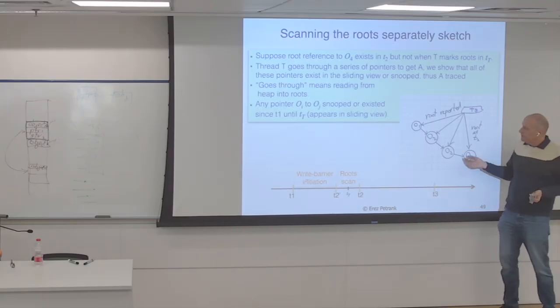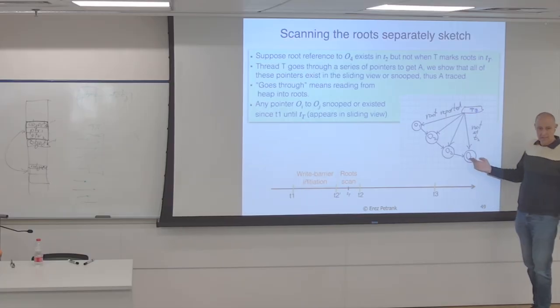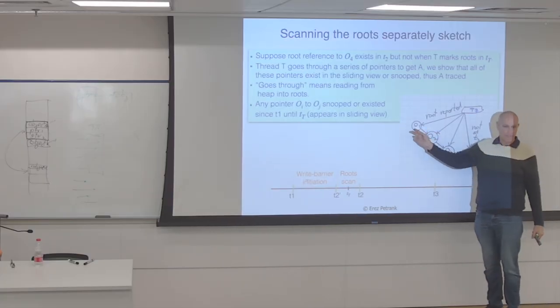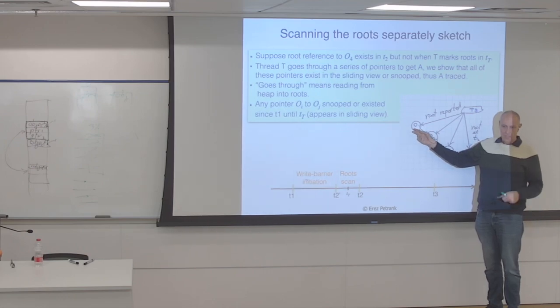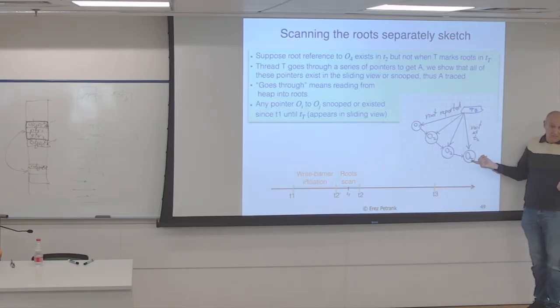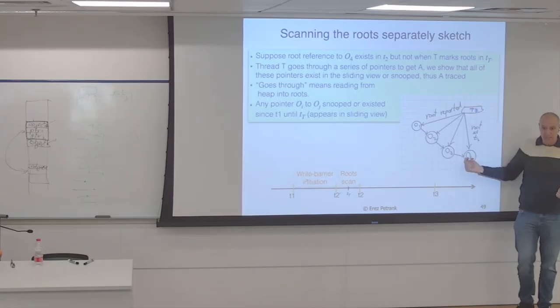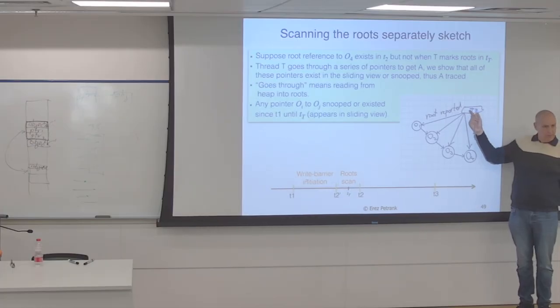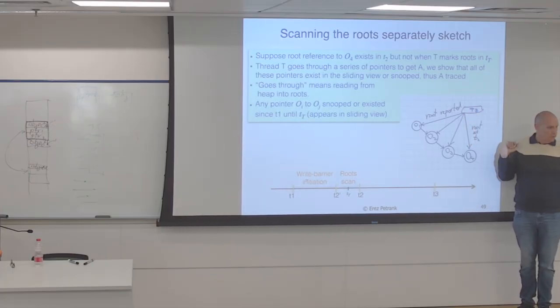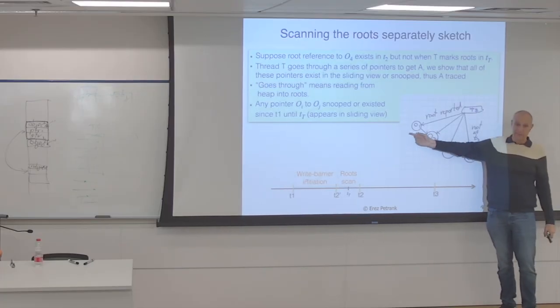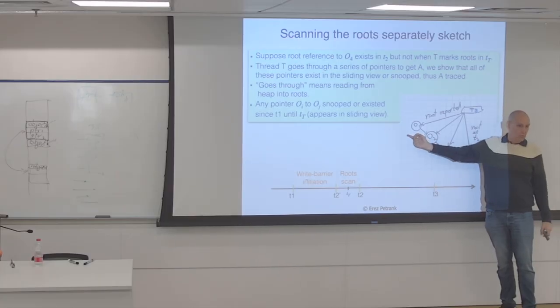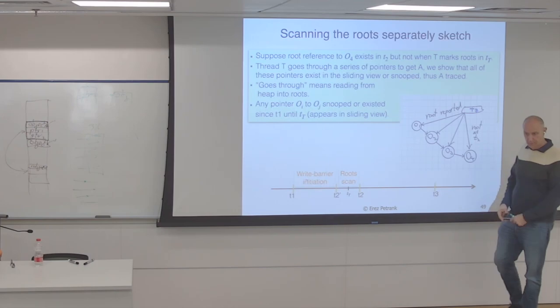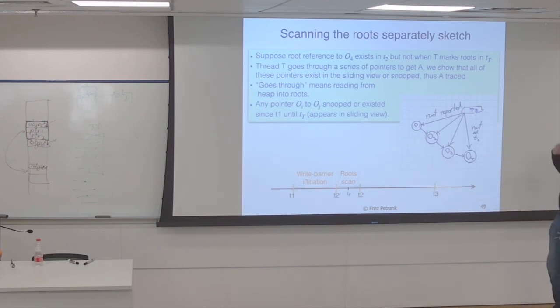So maybe I'm going to miss this thing at T2 because I only see what the sliding view gives me, but this root may now be pointing to another object, and maybe I will not know about it because I read the roots and I don't monitor the changing of the roots. So I don't know that it's now pointing to this O4. I only know that the sliding view told me that it's pointing to O1. But I want to claim that I will know. Why is that? Because what does it mean that I change?